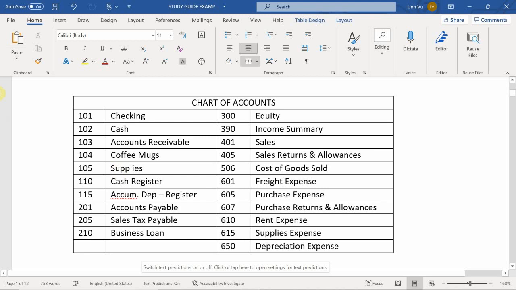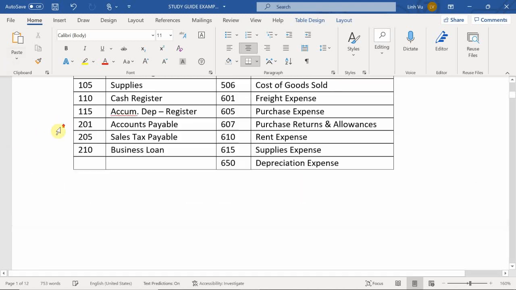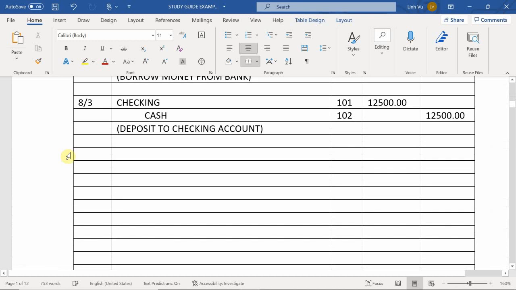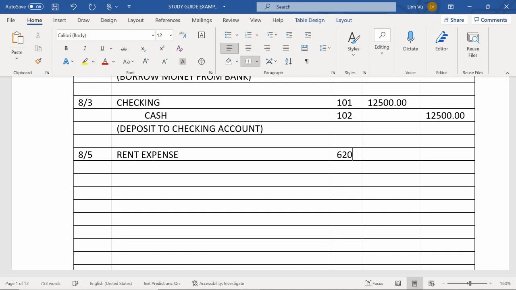This is the fifth transaction, rent expense, and we have checking, because we wrote a check. Rent expense is 610 for $1,500, and checking is 101.